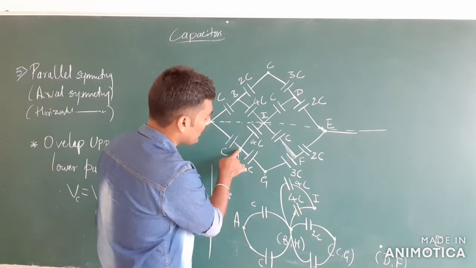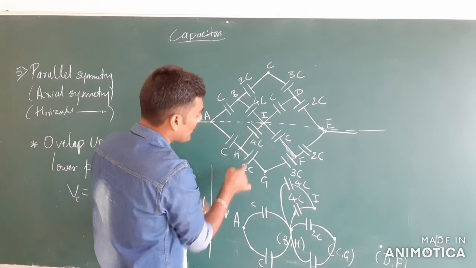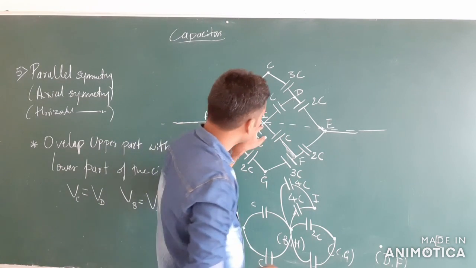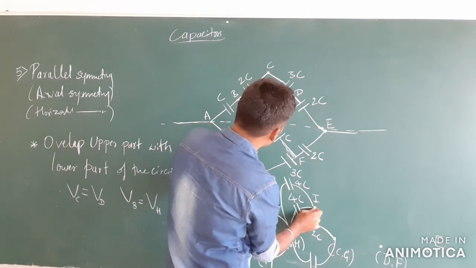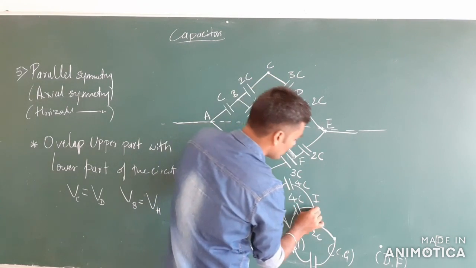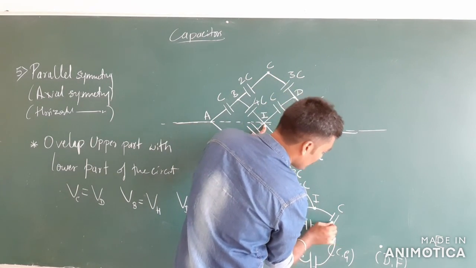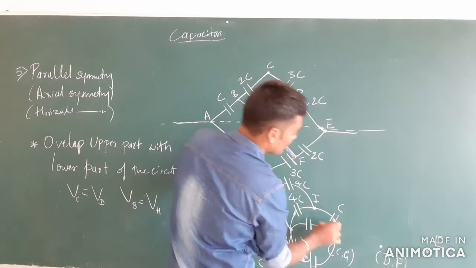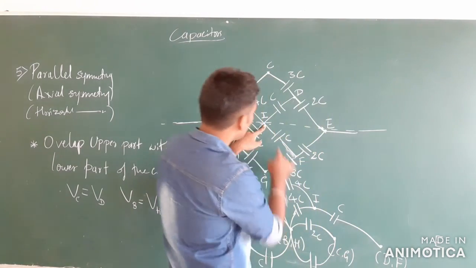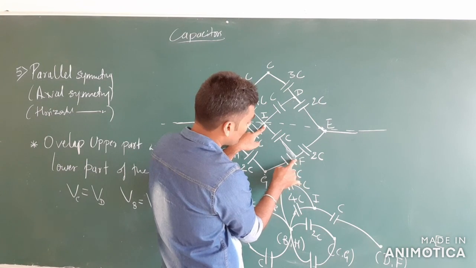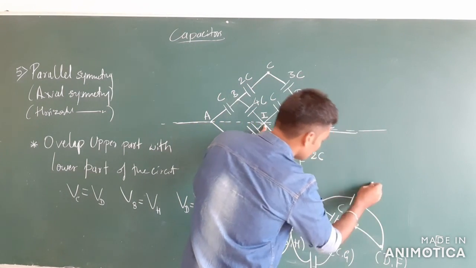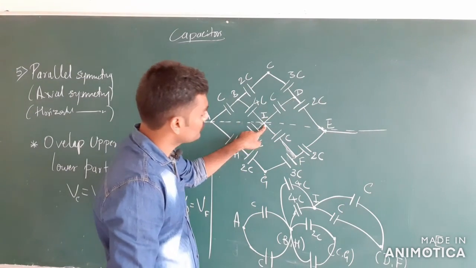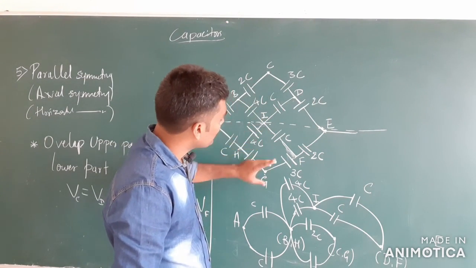So point H is done. Now let me come to point I. From I, I have a capacitor going to D, whose capacitance is C. And from I, I have another capacitor of capacitance C going to F. Okay, and the I part is done.